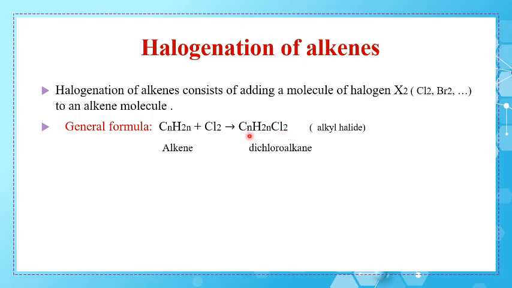So if we add Cl2 on the alkene, the product becomes CnH2nCl2, and the nomenclature of this product is dichloroalkane. It is an alkyl halide containing 2 atoms of chlorine.